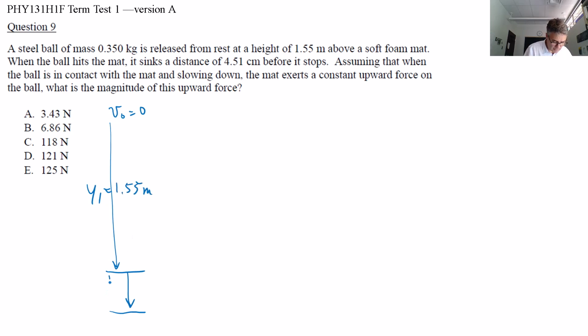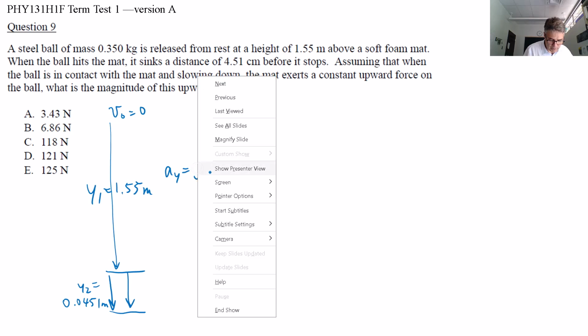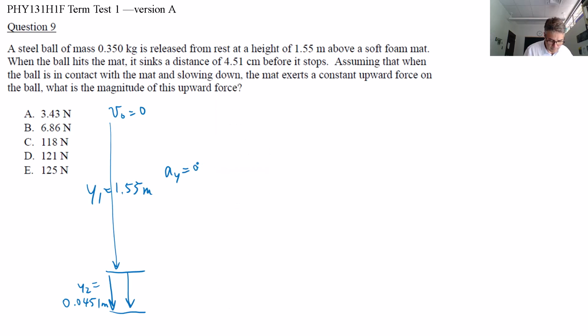And then it sinks some distance y2, which in SI units, you have to divide by 100, so you'll get 0.0451 meters. During this first segment of motion, a sub y equals g, 9.8.